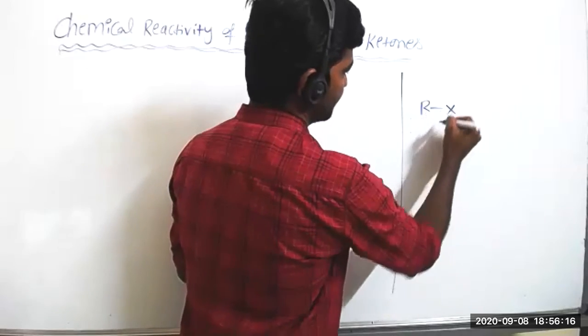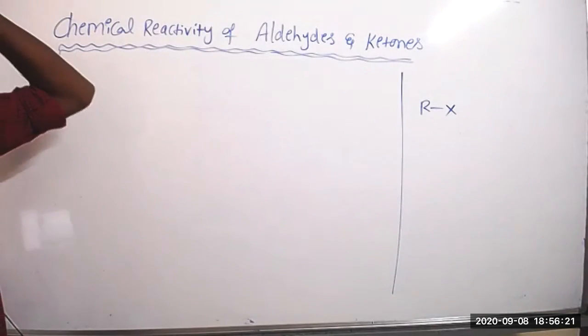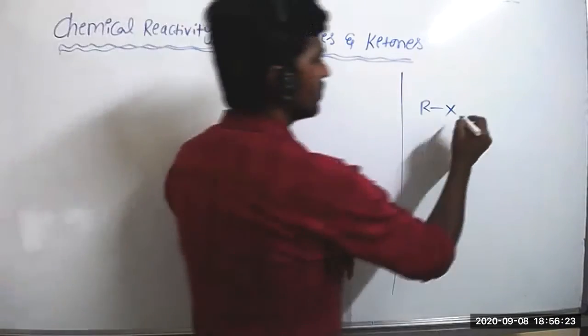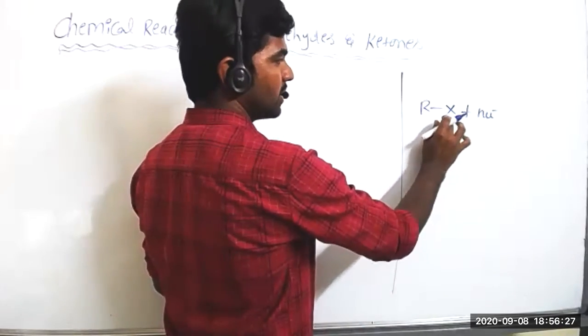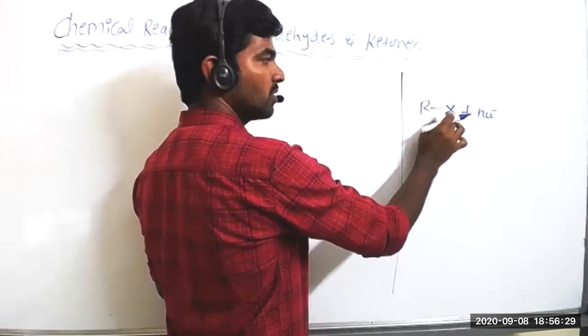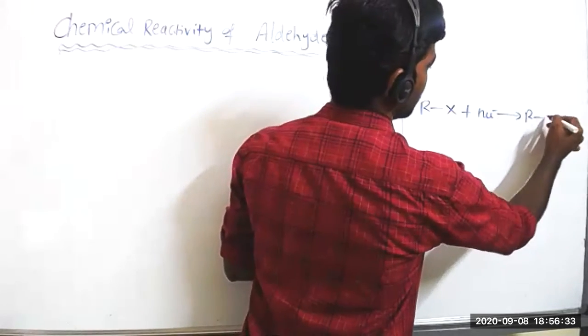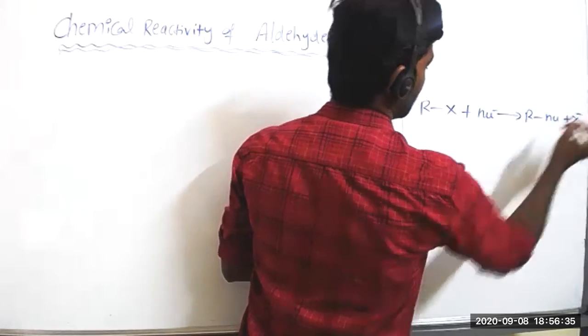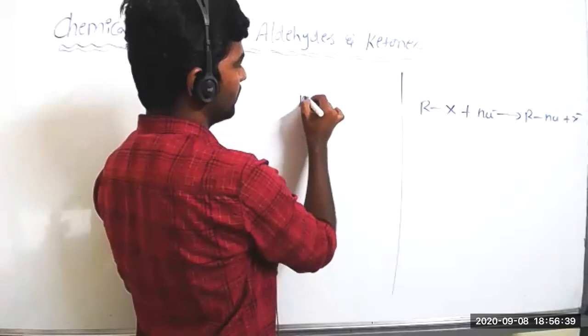Alkyl halides, simple alkyl halides. They are involved in nucleophilic substitution, because if there is any nucleophile, this halogen also has a negative charge, so it acts as a nucleophile in this molecule. This is replaced by another nucleophile. So alkyl halides are involved in nucleophilic substitution.